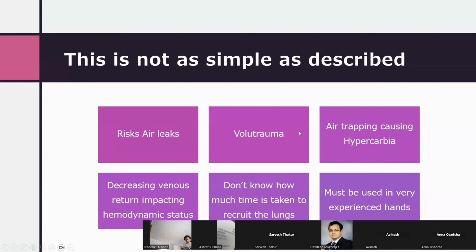Just remember, if you have asymmetrical lung disease, you have a right-sided collapse with a left lung that looks predominantly normal, or you've got really RDS because you've got surfactant that's gone down the right main bronchus so that the right lung is better compliant than the left lung, you risk volutrauma and PIE. For lungs, you risk air trapping of the normal lung that's been already well recruited, and the hemodynamic status can be significantly affected.